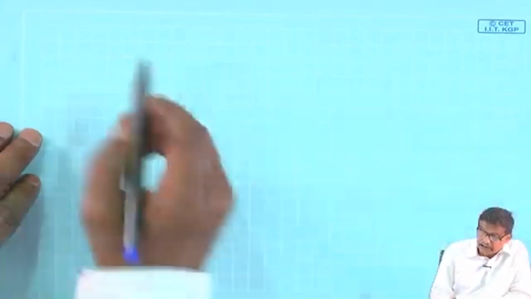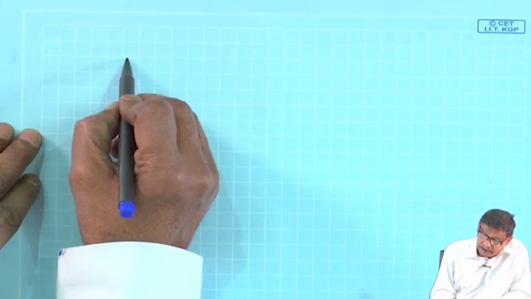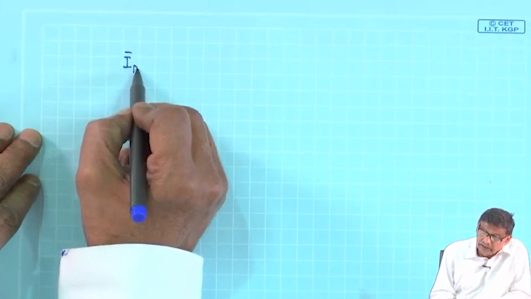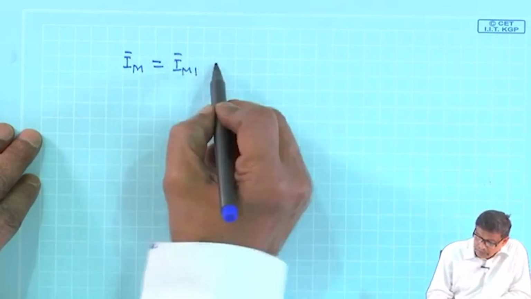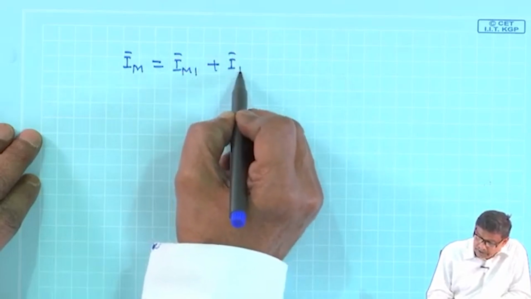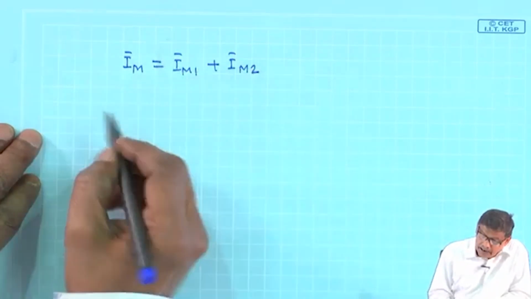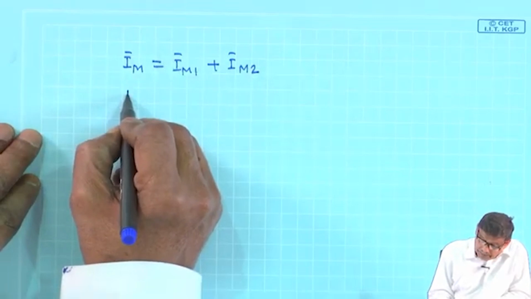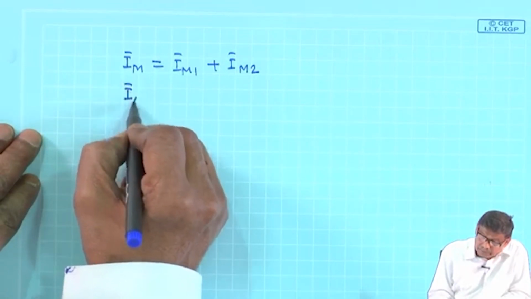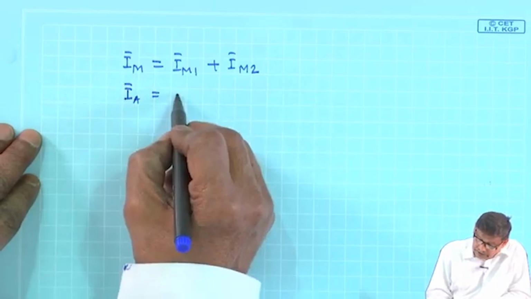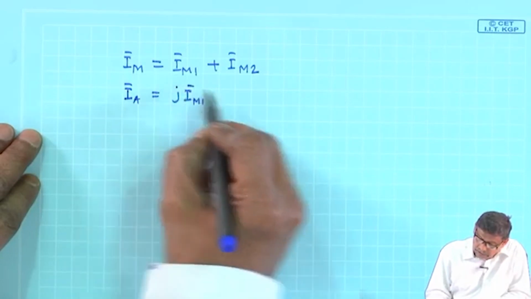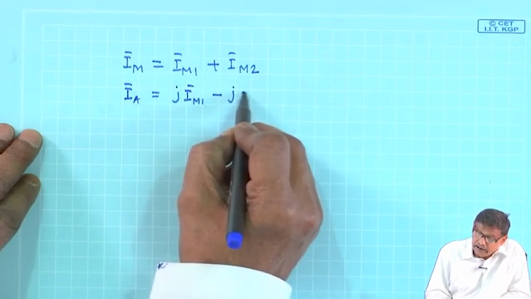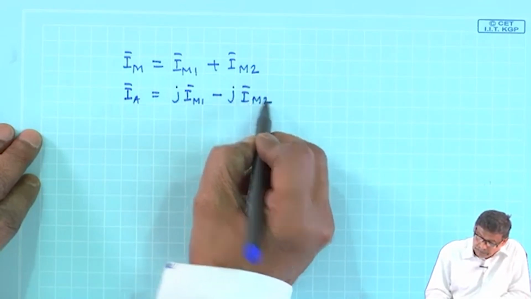Now, let us do a little bit of algebra. We have seen that I bar M equals I bar M1 plus I bar M2, and I bar A is equal to J I bar M1 minus J I bar M2.